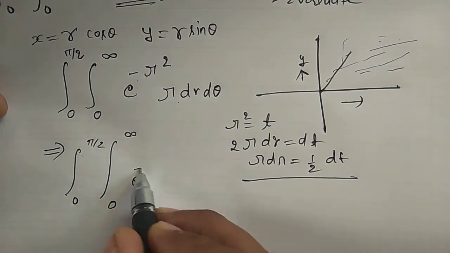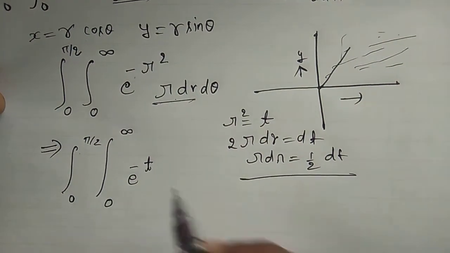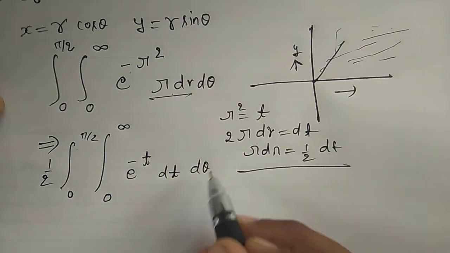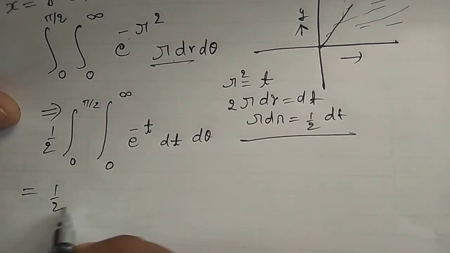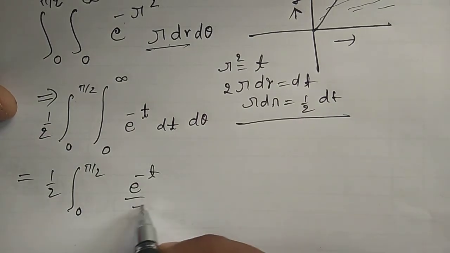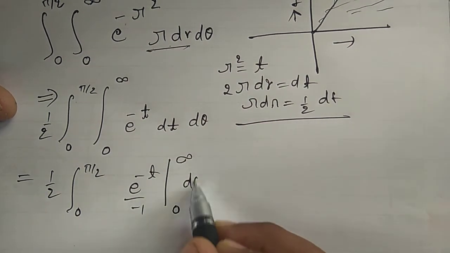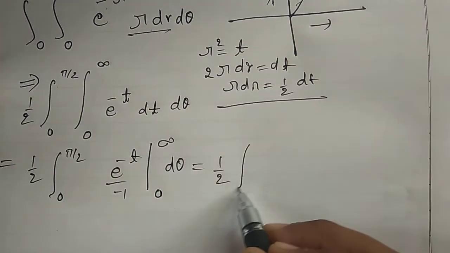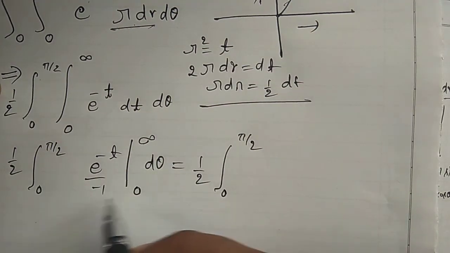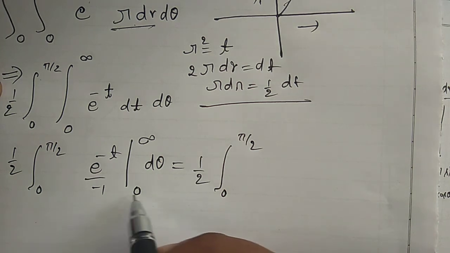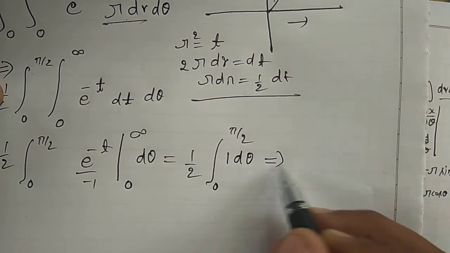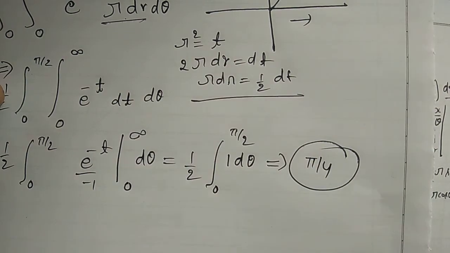So e power minus t, in place of r dr we have dt by 2, and d theta. So this will be 1 by 2, 0 to pi by 2, integration of e power minus t by minus 1, 0 to infinity, d theta. So 1 by 2, 0 to pi by 2, and this will be e power minus infinity, that is 0, minus the value at 0, which is 1, so we get 1 here, 1 d theta, so we get pi by 4. So the answer is pi by 4.